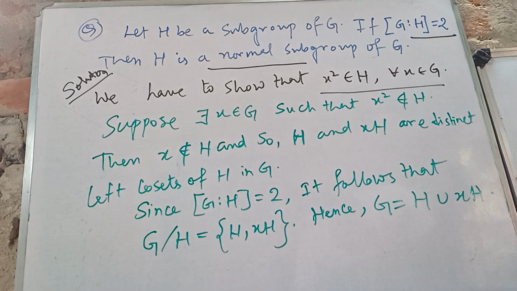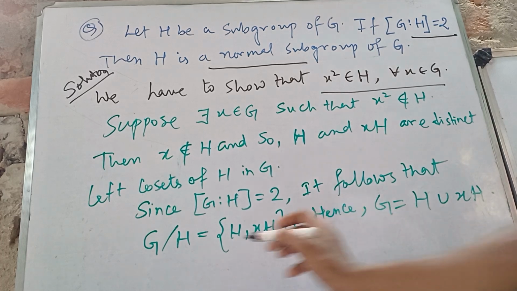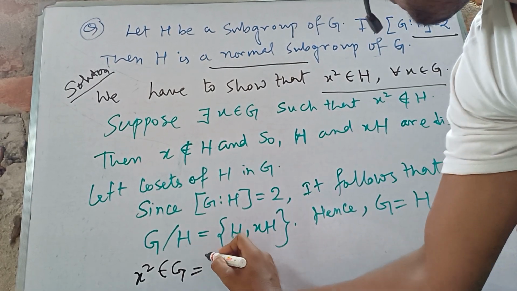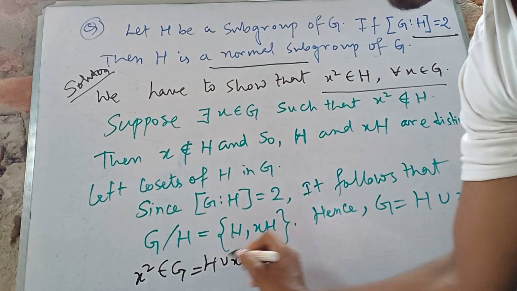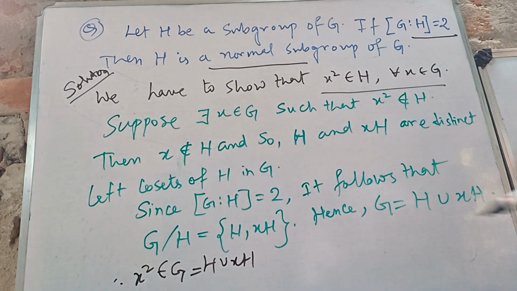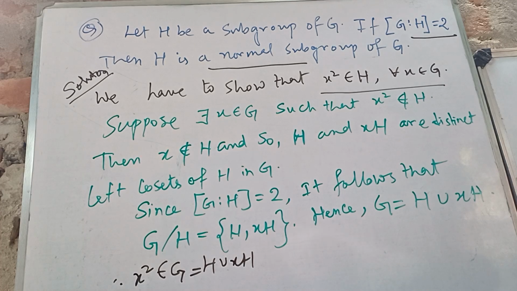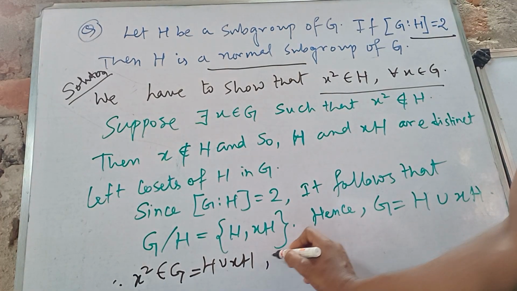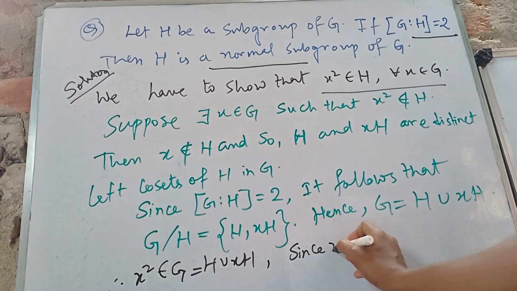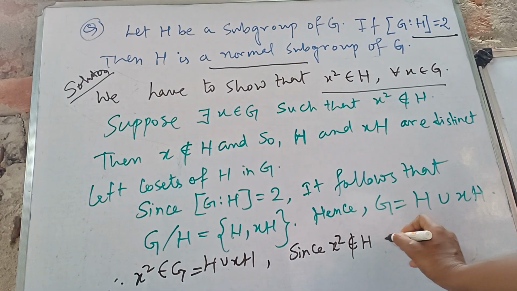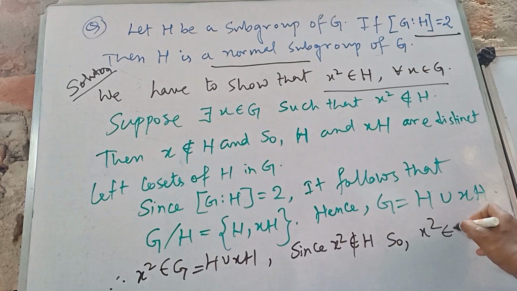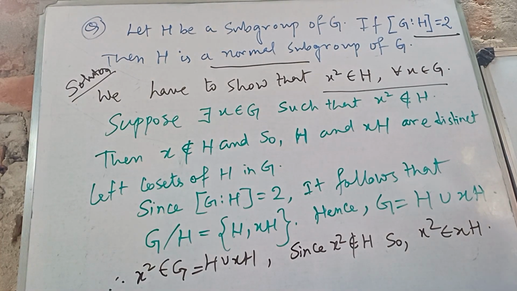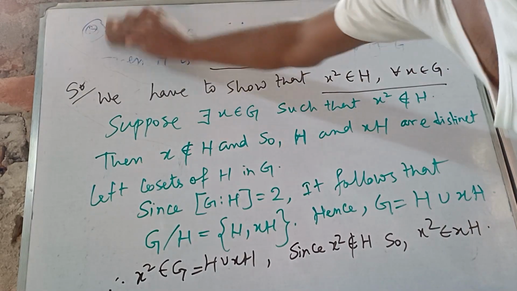Now x square belongs to G equals H union xH. Since x belongs to G, x square belongs to G. Since x square does not belong to H, x square belongs to xH. Not a problem at all. Now we erase this portion and go to further discussion.